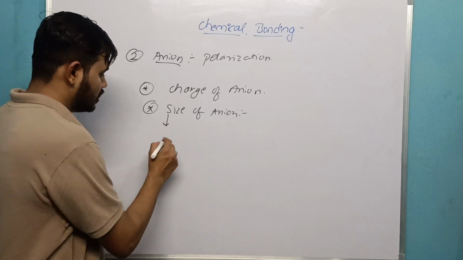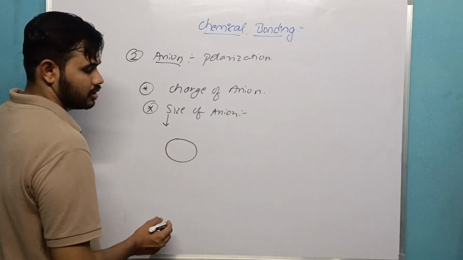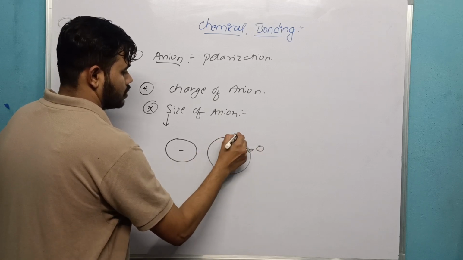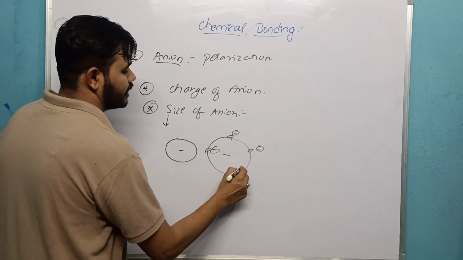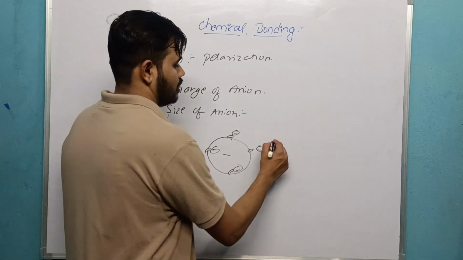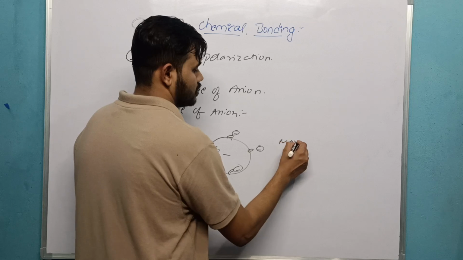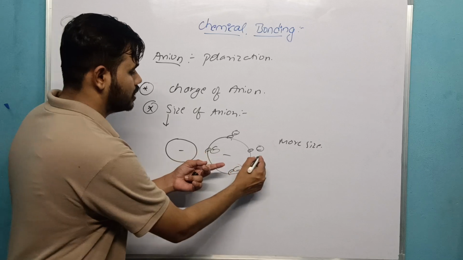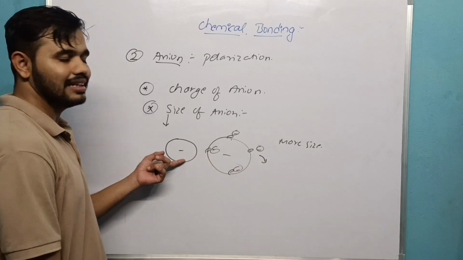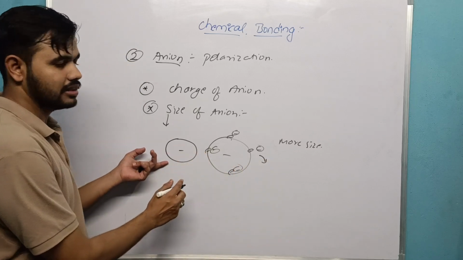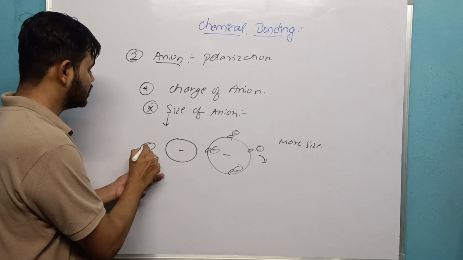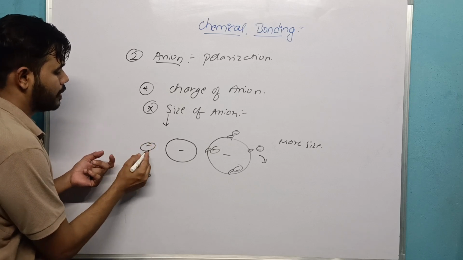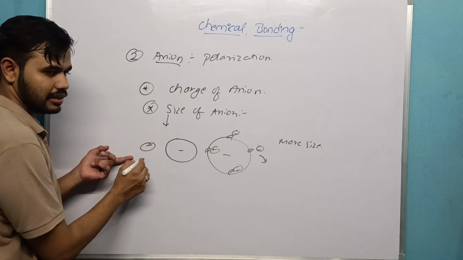While coming to size, if the size of anion is more, it means it is unstable. It can lose electrons easily, and less size means it is more stable. That is, it can't lose electrons easily. So here, this is another anion, which is in less size.